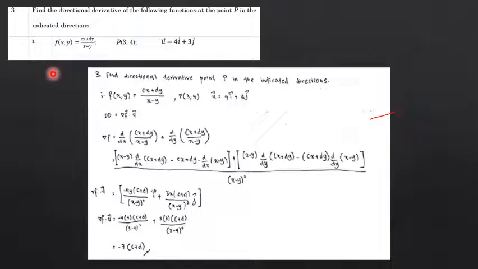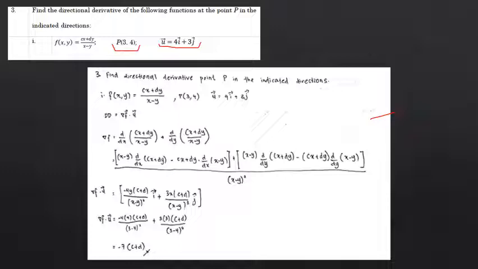Next, for question 3.1, find the directional derivative of the following function at point P. Point P is given here, and a vector indicates the direction. This is the function given, f(x, y) equals (cx plus dy) over (x minus y), and given point P (3, 4), given vector u, 4i plus 3j.